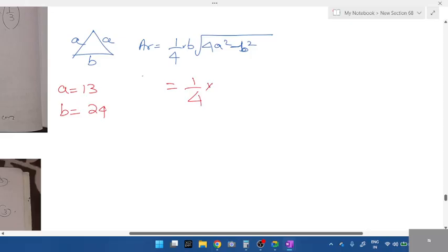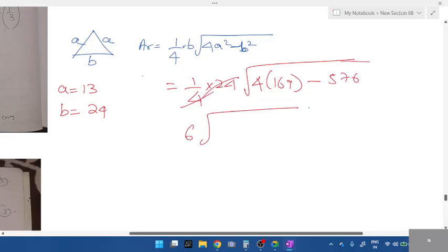1 by 4 into 24 square of 4 a square. I'll write it directly. A square is 30 square, 169 minus 24 square is 570. 6 into 4 into 169 is 636 minus 570.